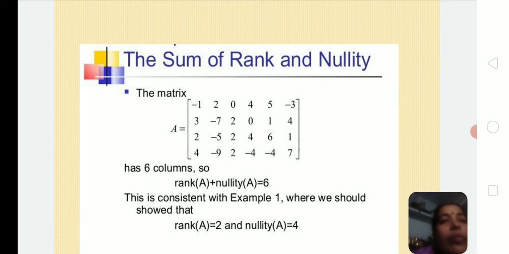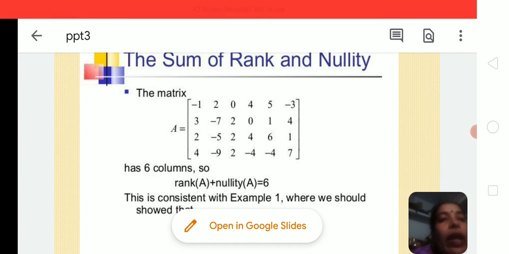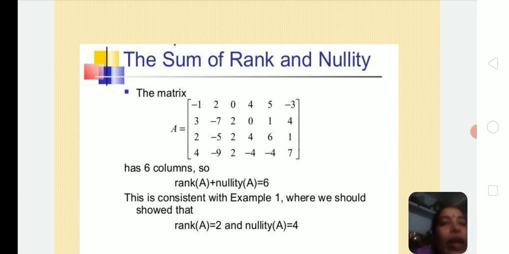It has 6 columns. So rank of A plus nullity of A is equal to 6. This is consistent, where we show that rank of A is equal to 2 and nullity of A is equal to 4. This is the sum of rank and nullity.